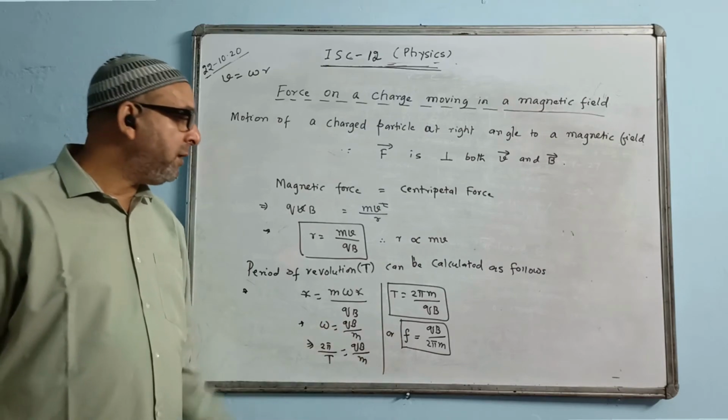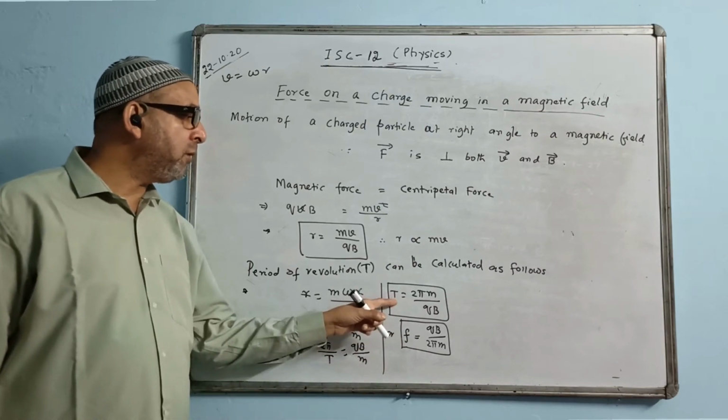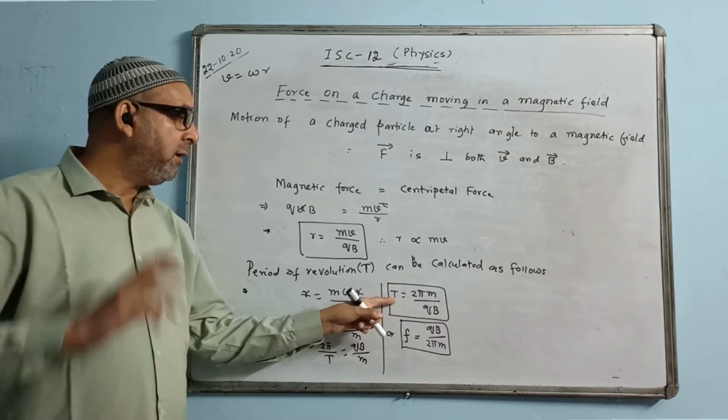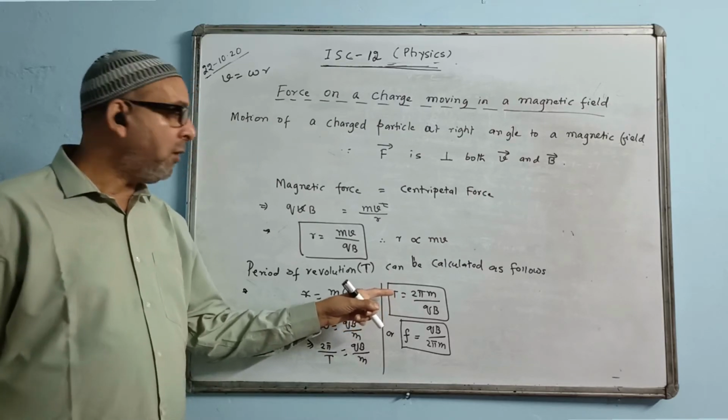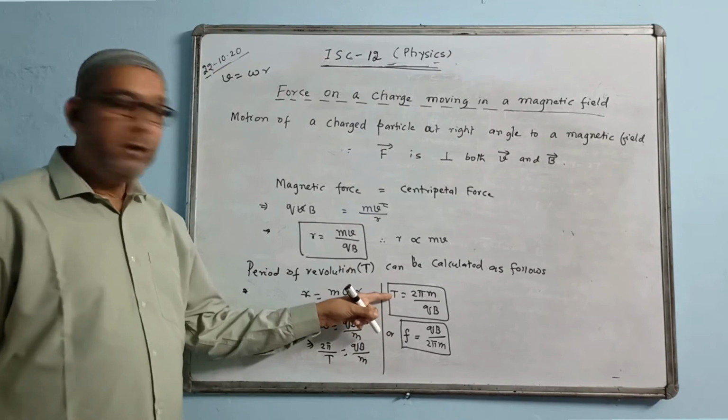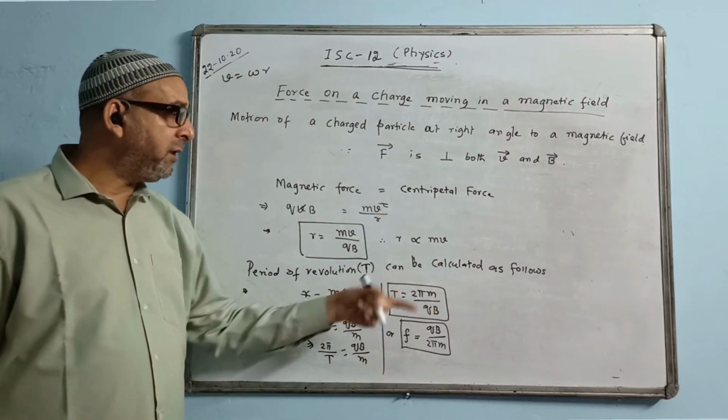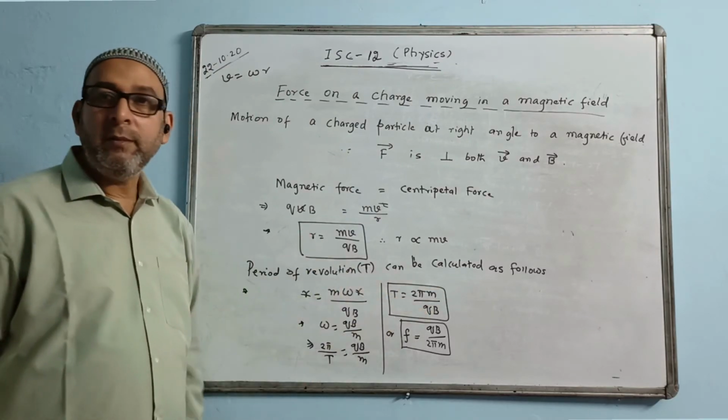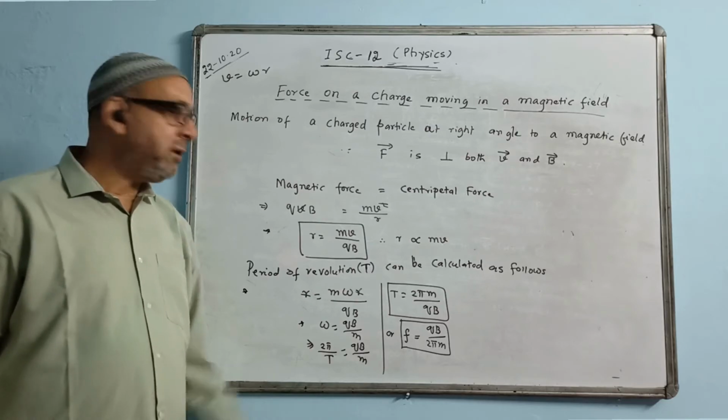One thing noticeable here is that the time period doesn't depend on the mass, and doesn't depend upon the velocity or the radius. In the formula, velocity and radius don't come.